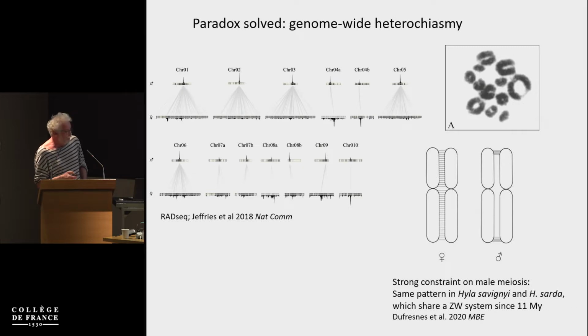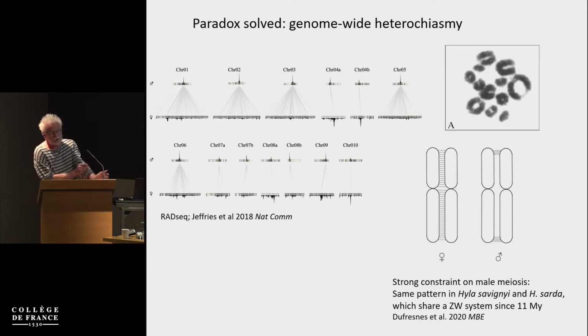We could find, besides this, some species with a ZW system. There are a few frogs with a ZW system, including other tree frogs. And these two species share a ZW system since more than 10 million years ago, and still they have exactly the same patterns of recombination. The female is ZW, and you have a lot of recombination between the Z and W chromosomes, and in males, which are ZZ, they only recombine at the tip of the chromosome.